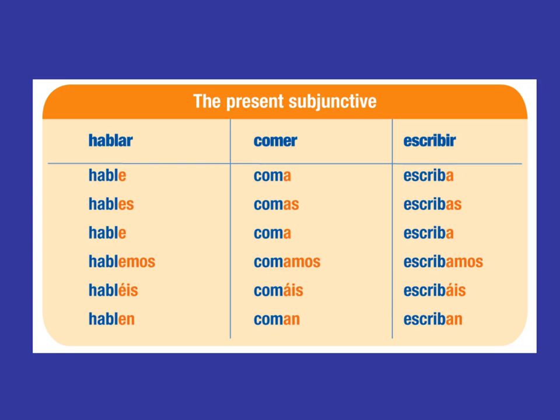For AR verbs, the subjunctive endings are e, es, e, emos, éis, en, and ER and IR have a, as, a, amos, áis, an. So go ahead and draw your little boxes on your note sheets to make sure you get your verb endings in there for AR verbs and then ER and IR verbs.